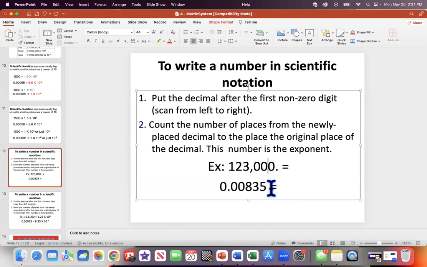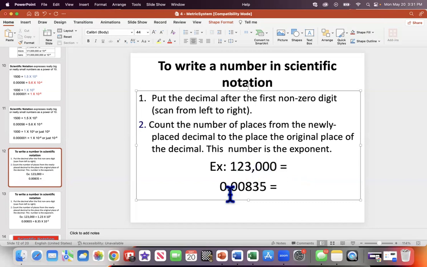Okay, 1, 2, 3, 4, 5, right? You need to move the decimal point to here, 5. Okay, so could you tell me the first number A is 1.23, and multiply 10 to the power, you step 5 times. So 1.23 multiplied by 10 to the power of 5.